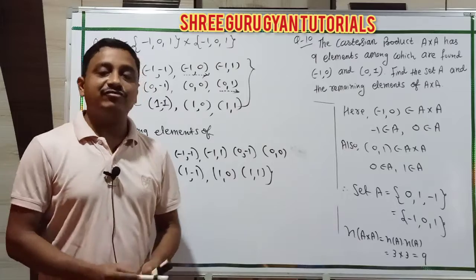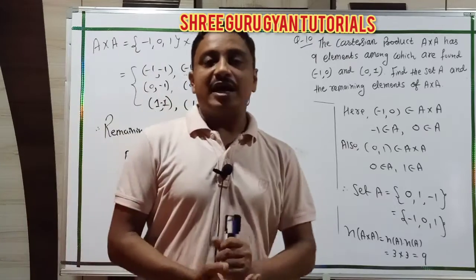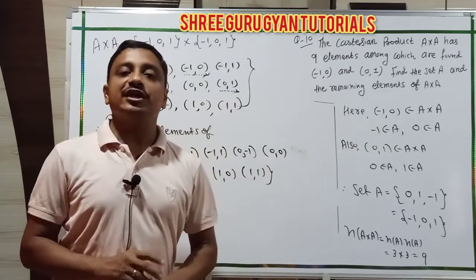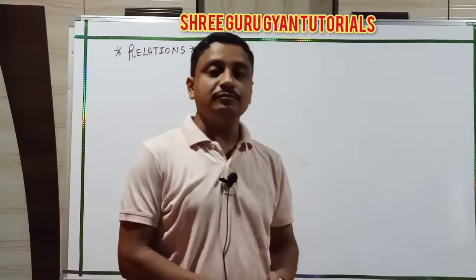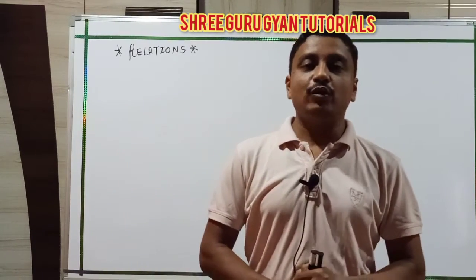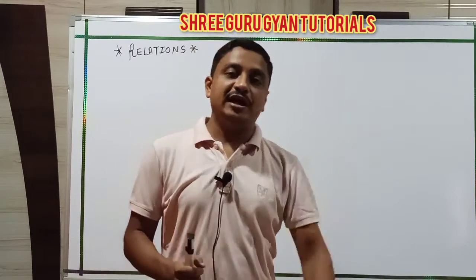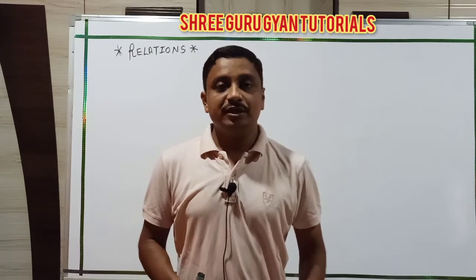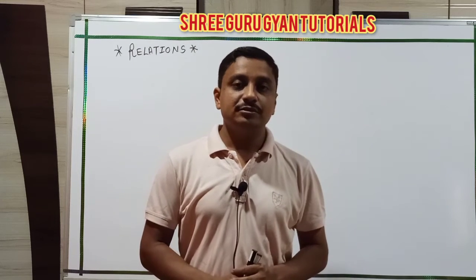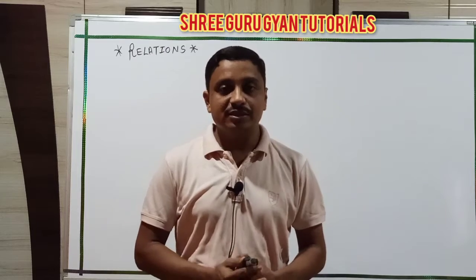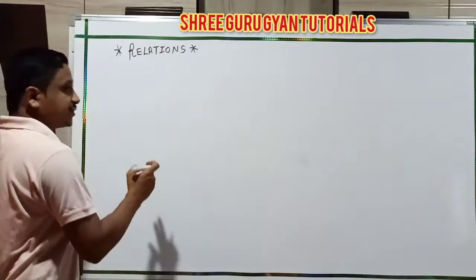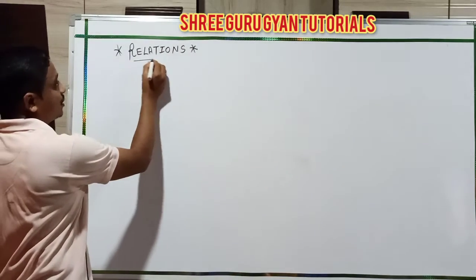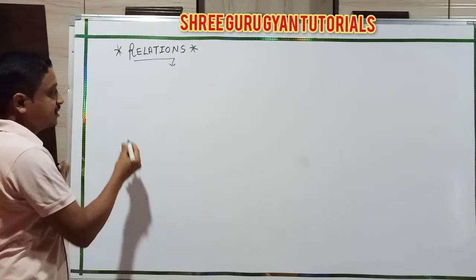Now students, after Cartesian products, I start relations and functions. The chapter has a new heading after Cartesian products: relations and functions. In the relation, students, first of all I show the definition of relations.